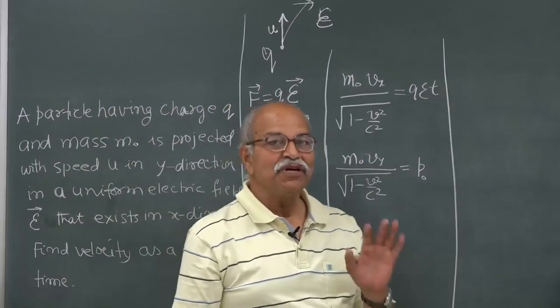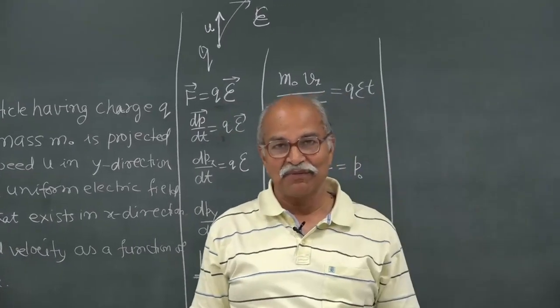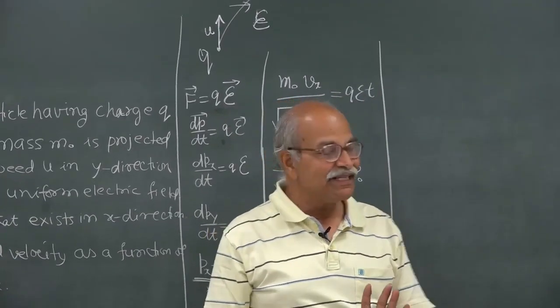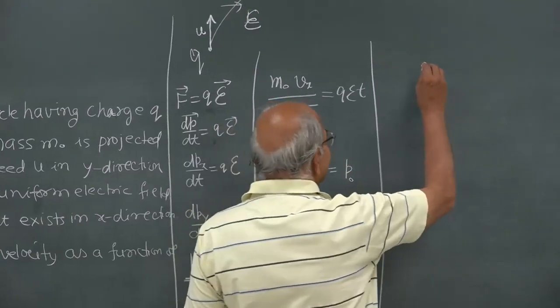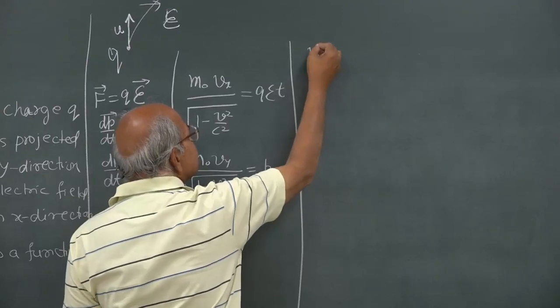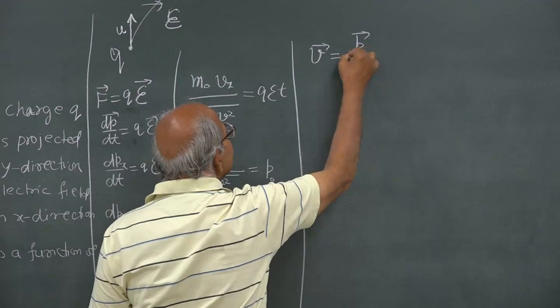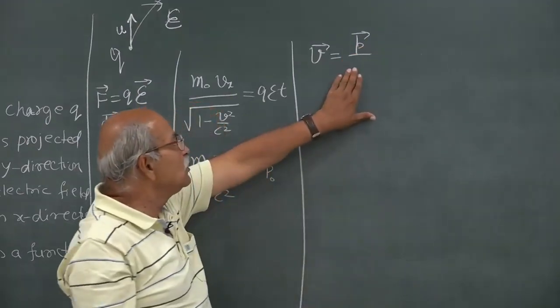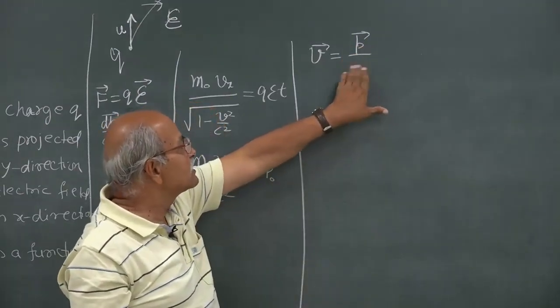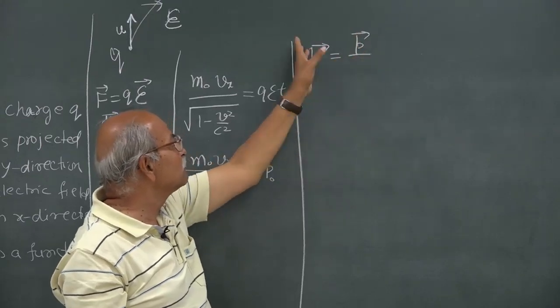Now, I am going to give you a very useful technique in solving this kind of problem, and that is, use this relation. If you want to write velocity, this is p divided by m naught gamma, the relativistic mass, times v; that is the definition, p is equal to m naught gamma v.